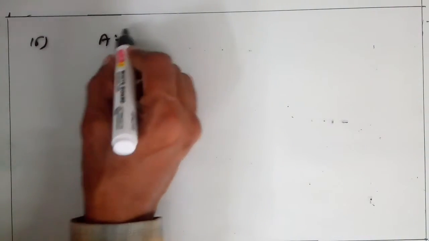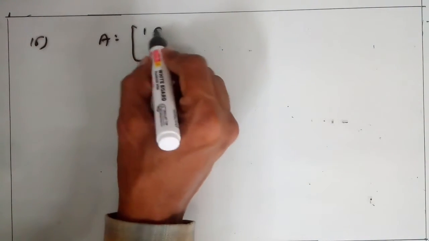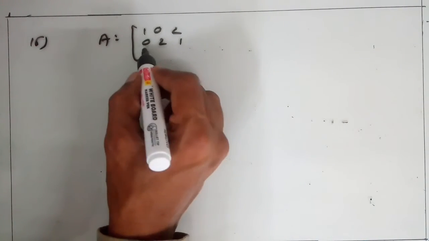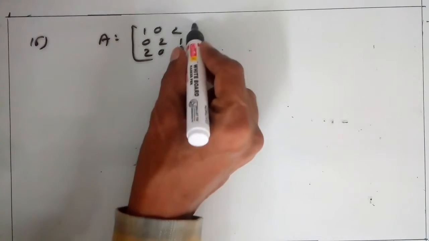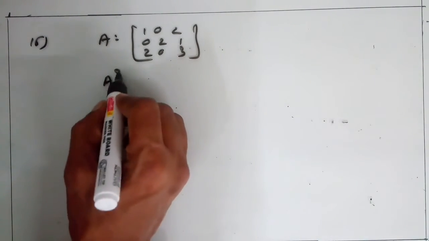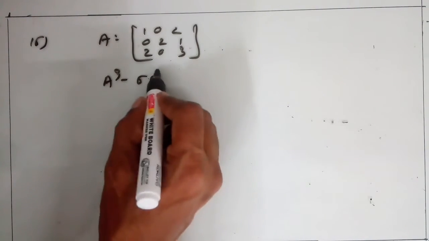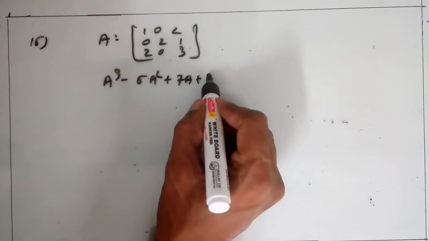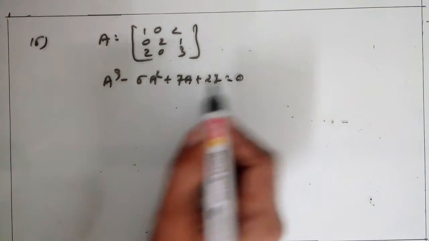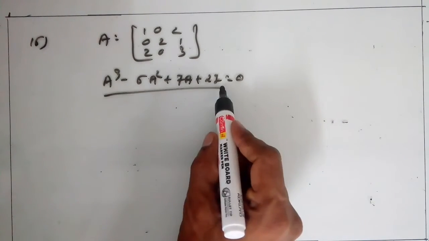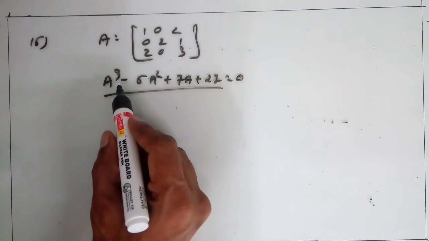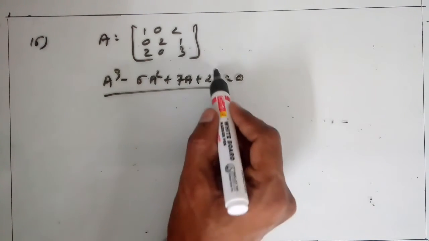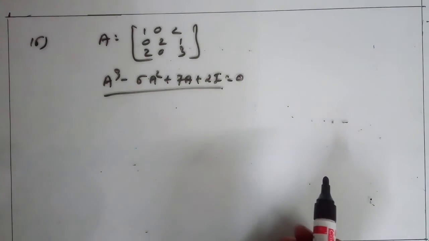In question 16 also the same question. For the given matrix A equal to [1 0 2; 0 2 1; 2 0 3], prove that A raised to 3 minus 6 A square plus 7A plus 2I is equal to 0.